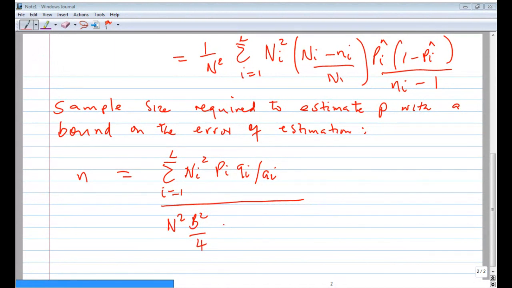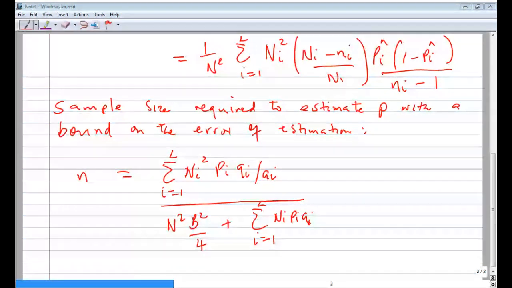Then plus the summation of Ni pi qi, i ranging from 1 up to L as usual. So this is the overall sample size required to estimate the population proportion with a bound on the error of estimation.